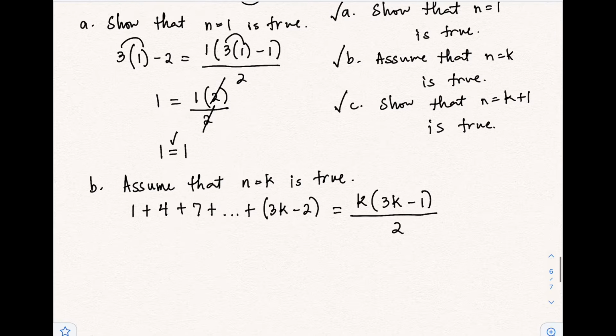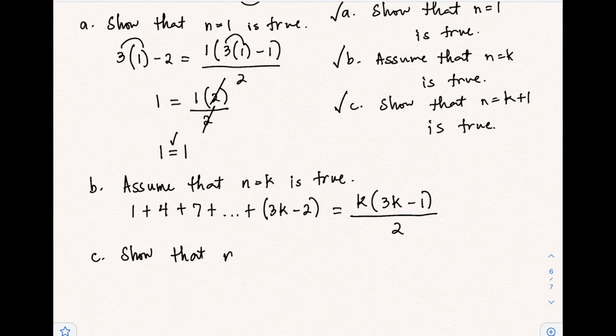So ang third step natin guys, we need to show that n equals k plus 1 is also true. Okay? So, since ang value ng ating n is equals to k plus 1, that means yan yung term after ng ating k.